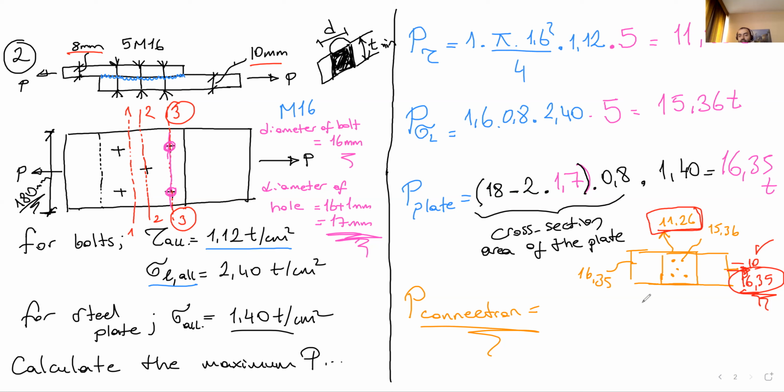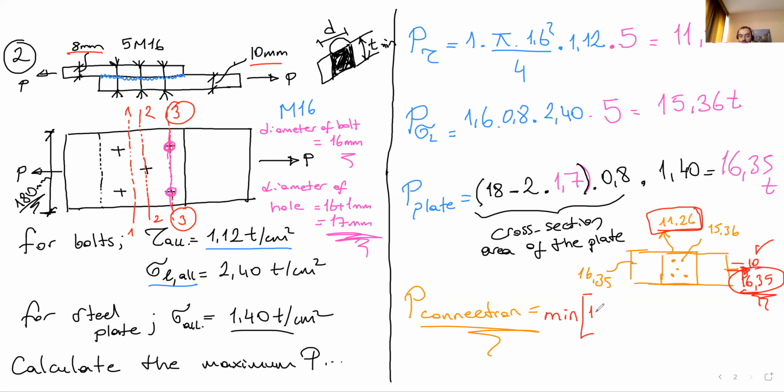So at the end of the day, you don't have a capacity like 16. The minimum governs the capacity. That's why for the connection capacity, you have to consider the minimum one. Minimum. Okay.